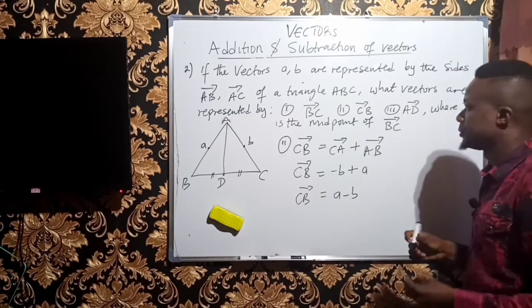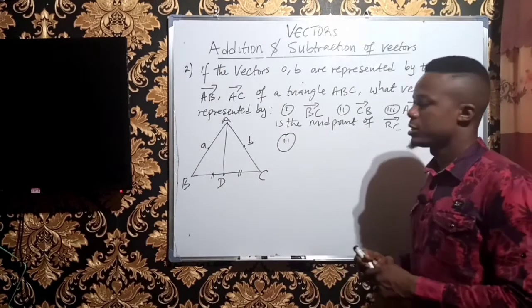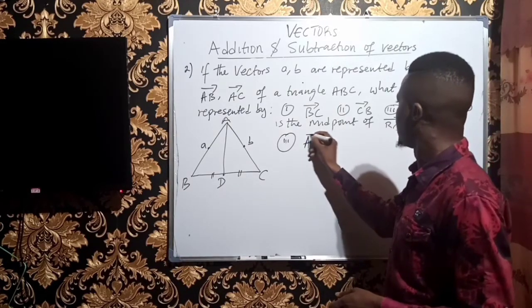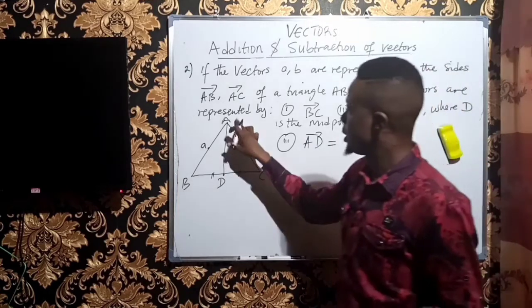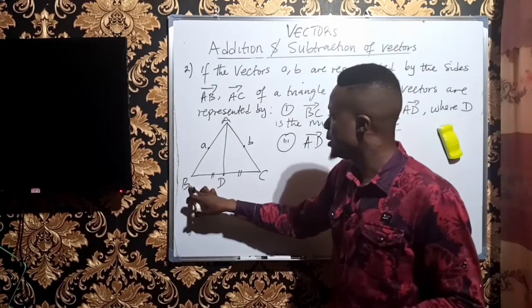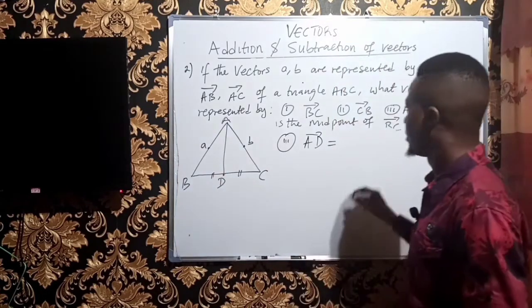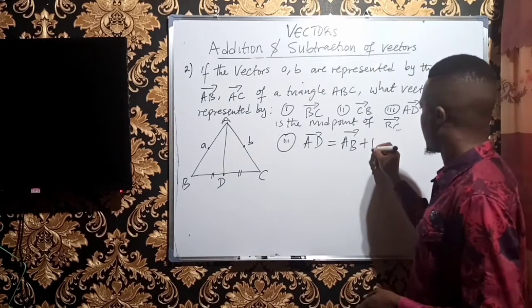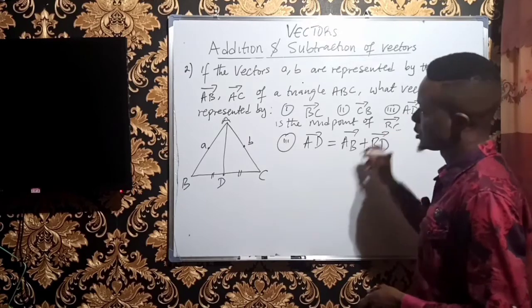Let's go to the third one. In the third one, we'll have vector AD. AD is something as AB plus BD. Okay? It will be AB plus BD. That's just it.